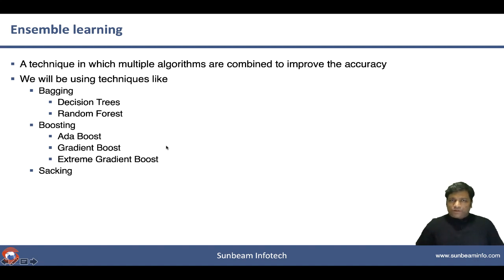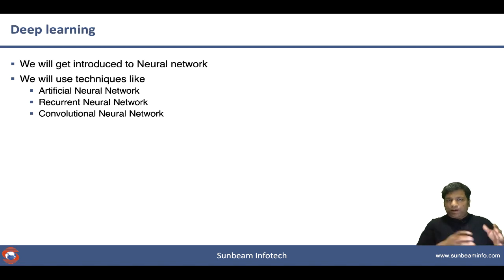Now, sometimes you might see the data is huge and it is not possible to process it on your machine. So we are going to put that under different nodes by creating an artificial neural network. This is generally called deep learning, and we are going to understand deep learning from different perspectives like ANN, RNN, and CNN. The ANN, the artificial neural network, will be the base for RNN and CNN.